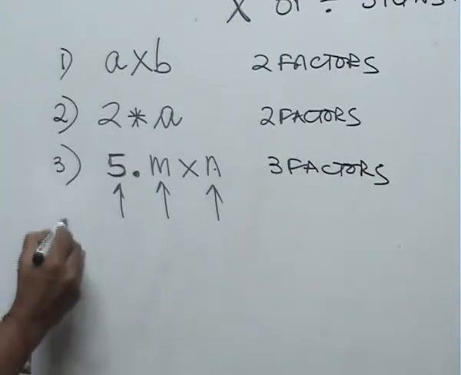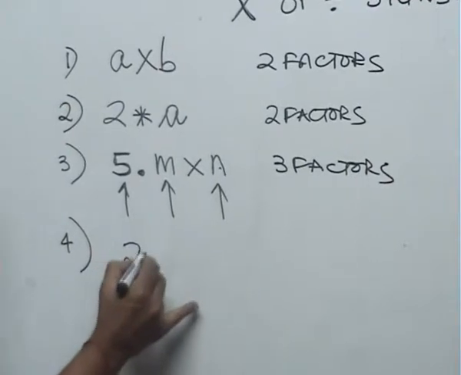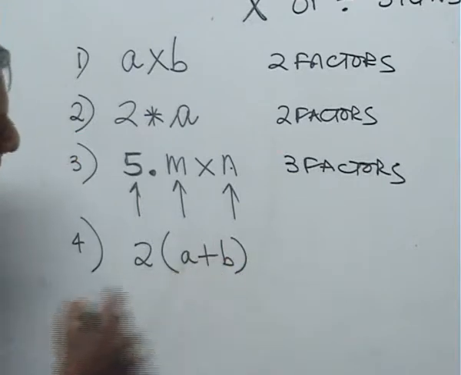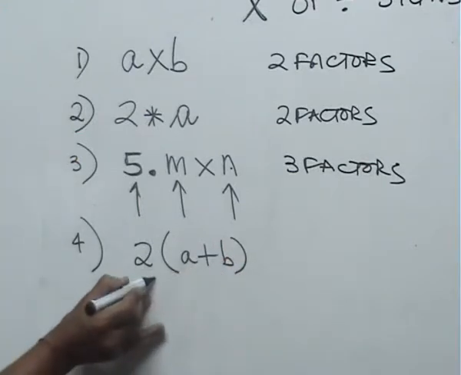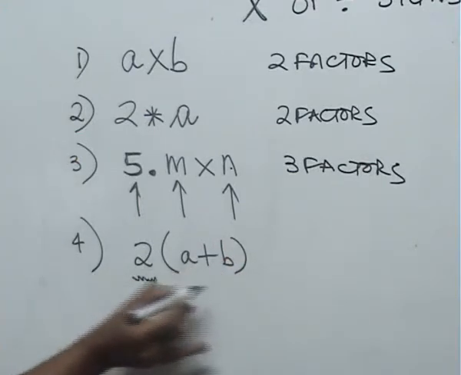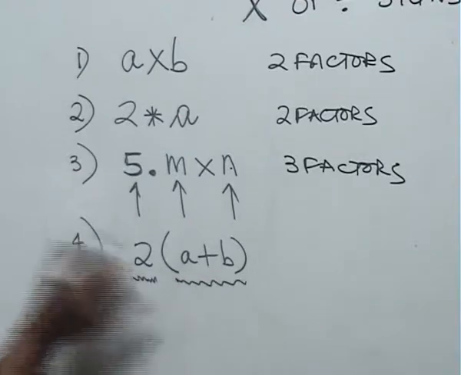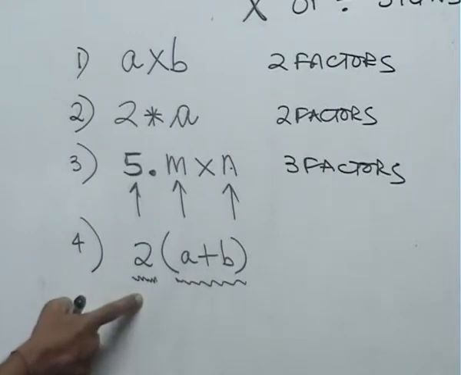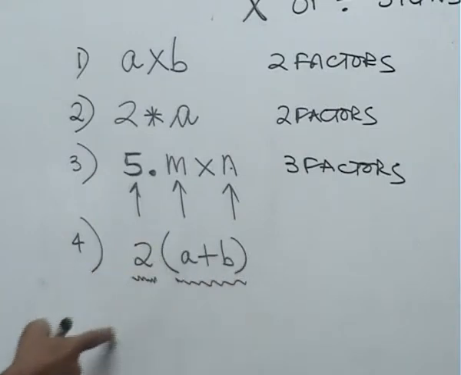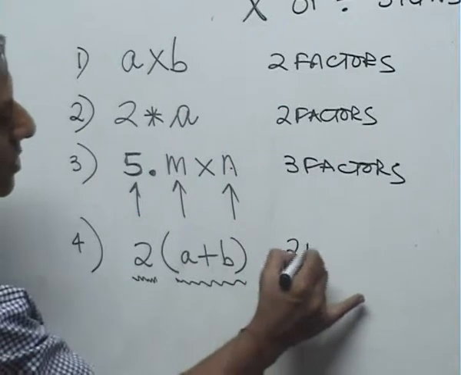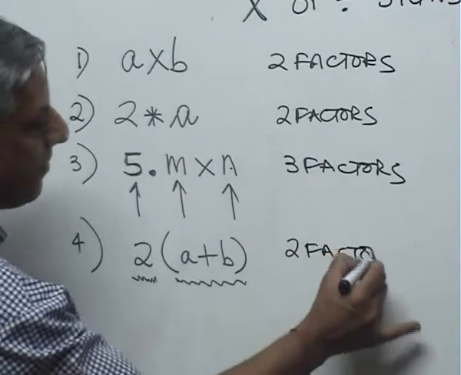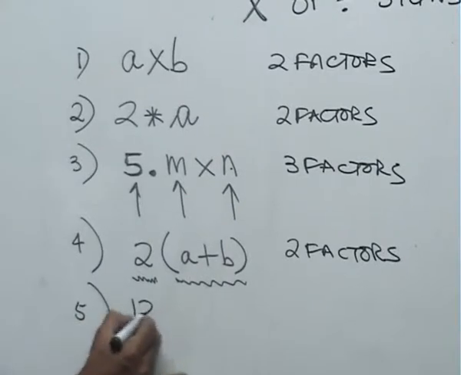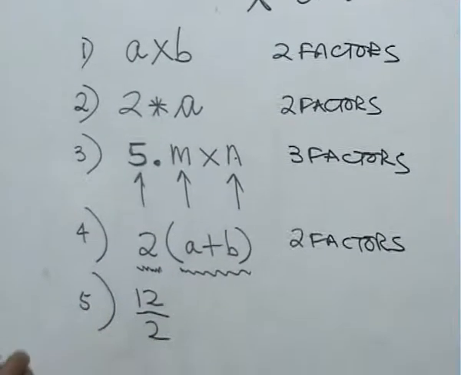Now let's take another example. 2 into a plus b. Now in this case 2 is one factor and the whole bracket is another factor. So in this case we got 2 factors. Number 5. 12 divided by 2.